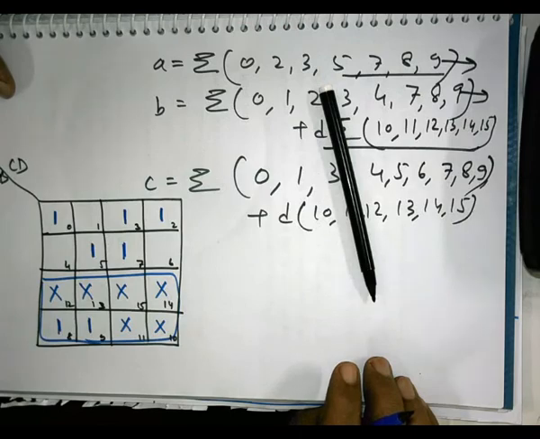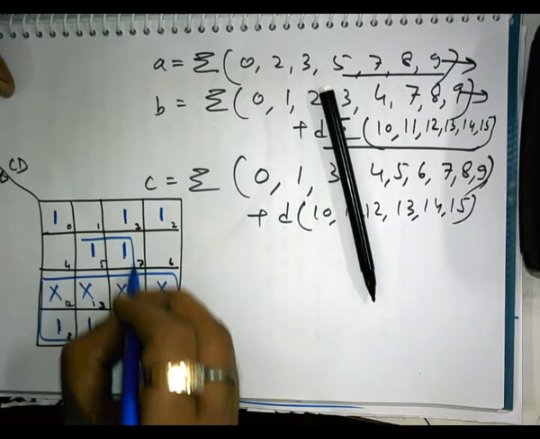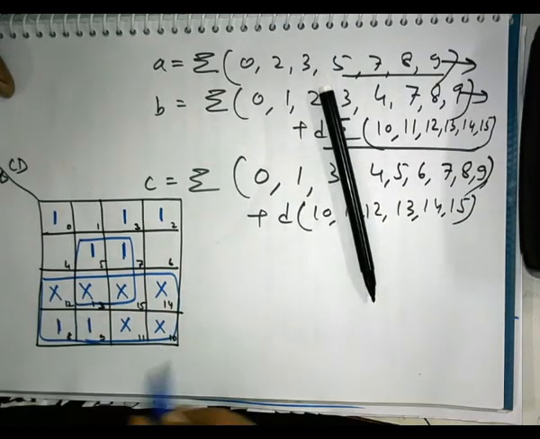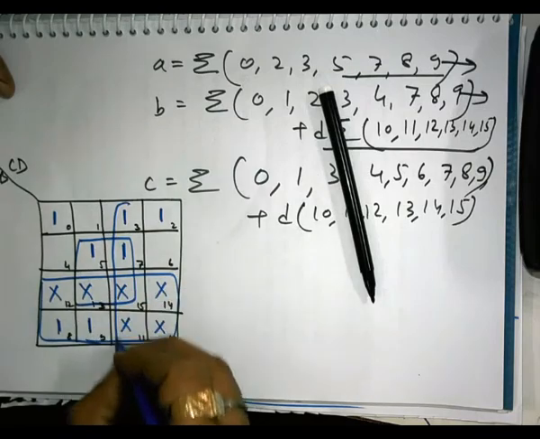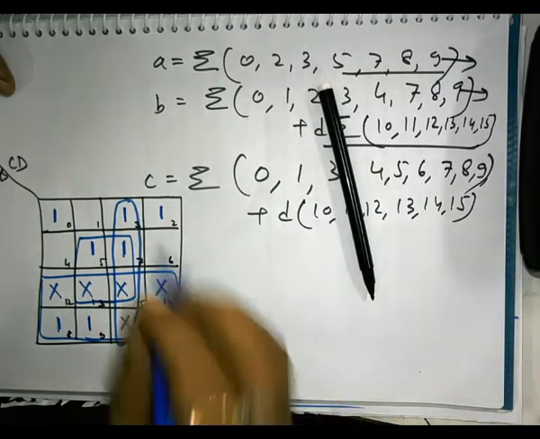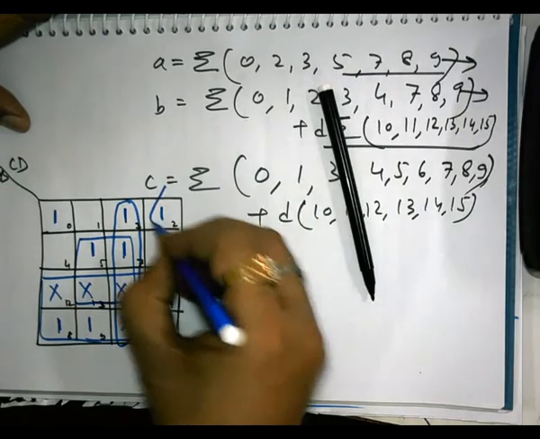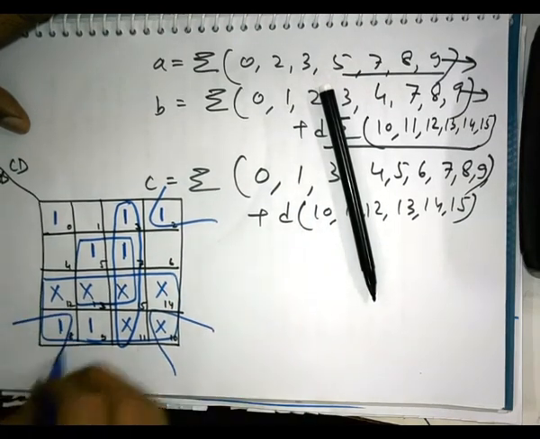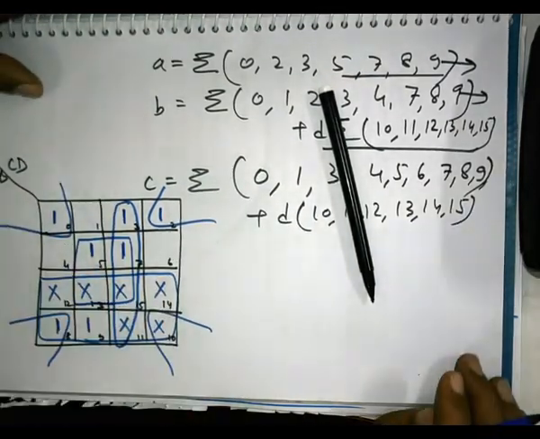Okay. This is one of the valid group. This is one of the valid group. Okay. This is one of the valid group. Okay. And then corners. If you look from the corners, they can also form a quad.